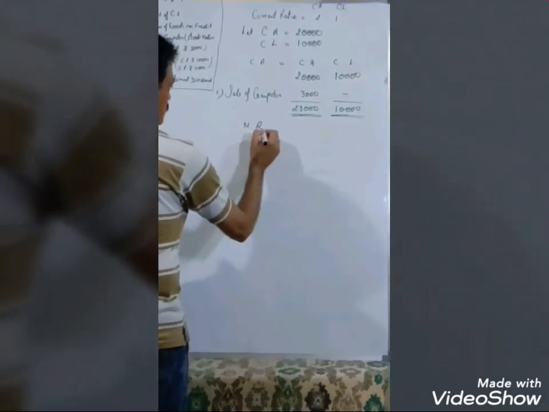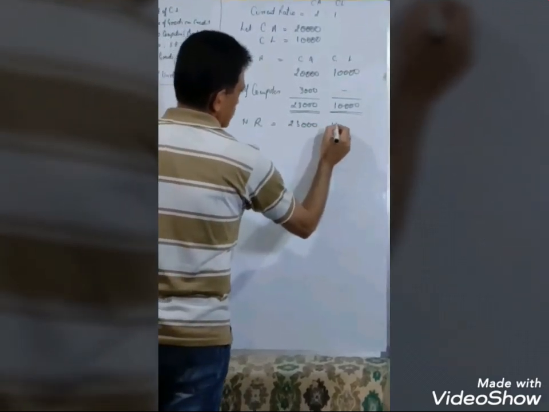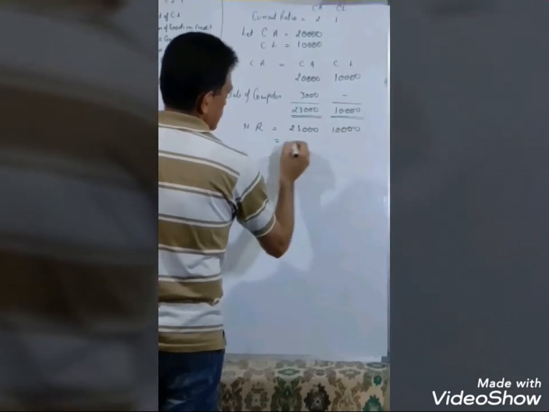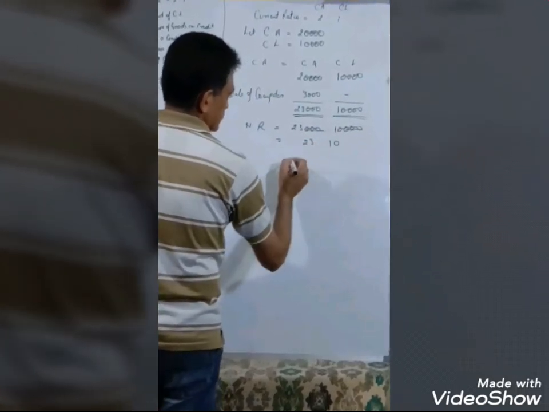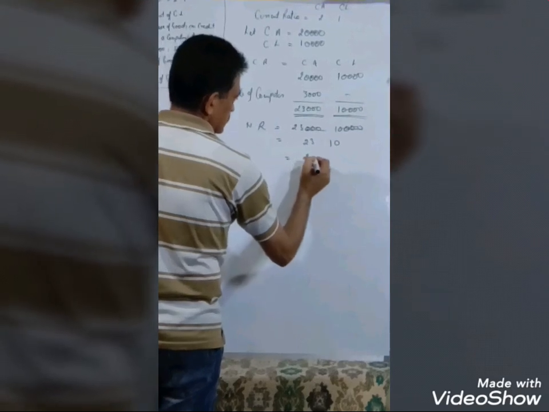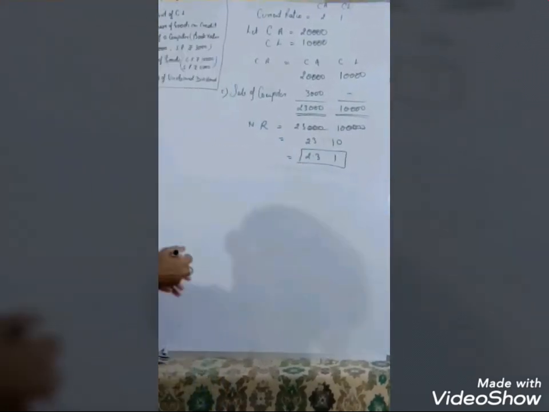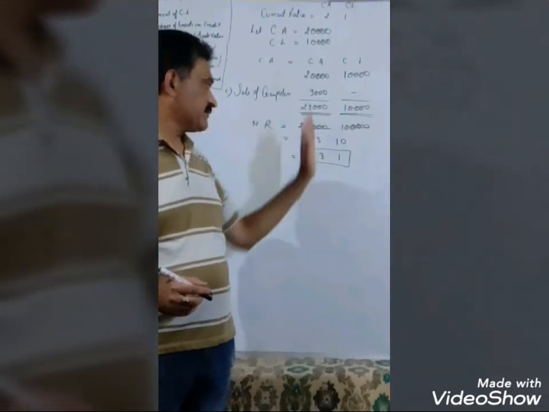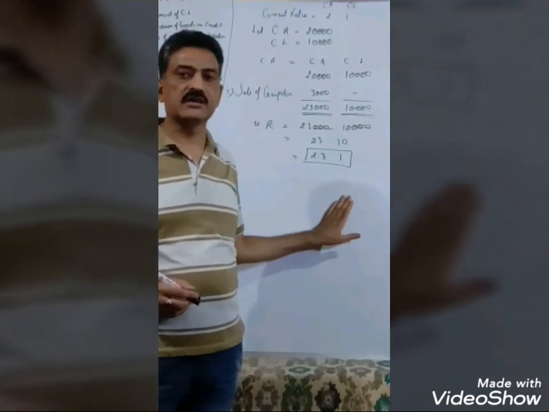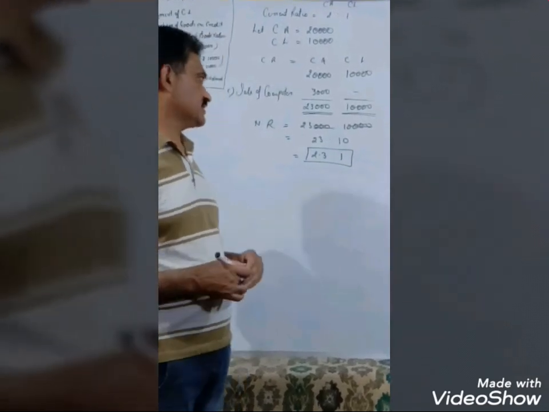Now, new ratio, 23,000 to 10,000. 23:10. This is 2.3:1. From the current ratio 2:1, we had arrived at 2.3:1. That means there is an increase in the current ratio due to this transaction.